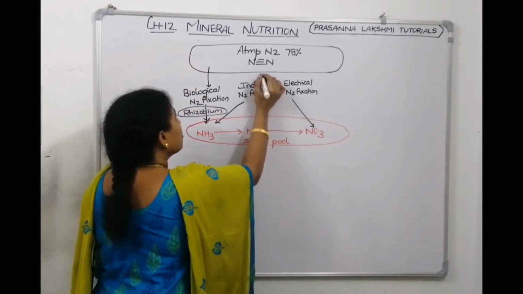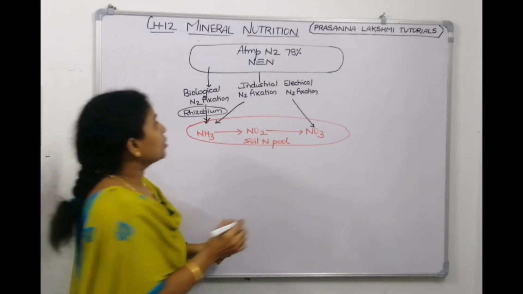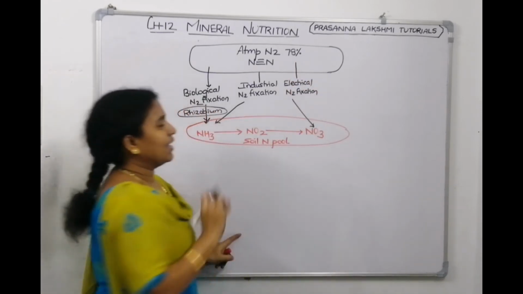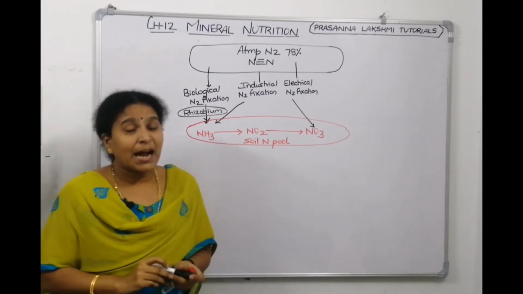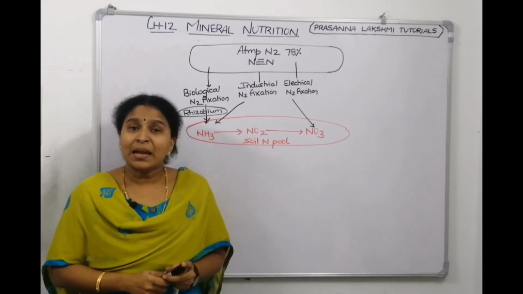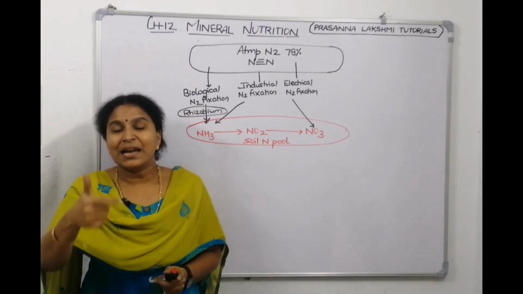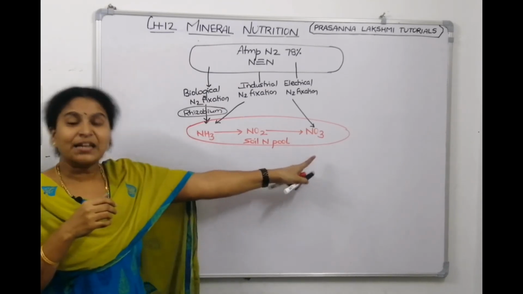Industrial nitrogen fixation also converts it to ammonia. In electrical nitrogen fixation, N2 gets converted to nitrate. Now, we discussed at the start of the chapter that plants can absorb nitrogen in the form of ammonium ion, nitrite and nitrate, but mainly it absorbs nitrate.